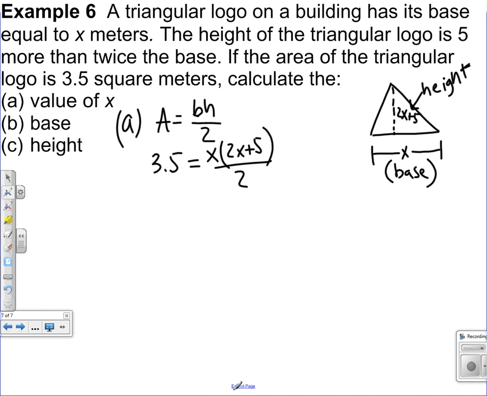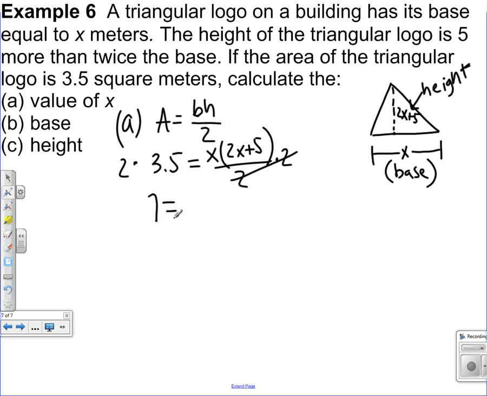We need to get 0 on one side of the equal sign, but I'm going to do something a little bit different first. I actually want to get rid of this fraction. I could multiply both sides by 2, or I could put this side over 1 and cross multiply. In the end, you're still going to end up with the same thing.